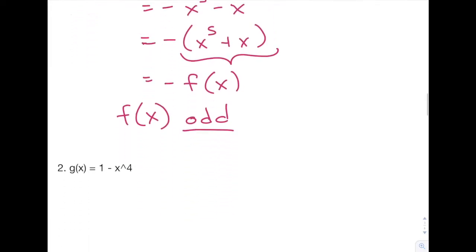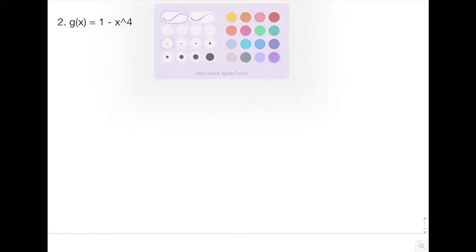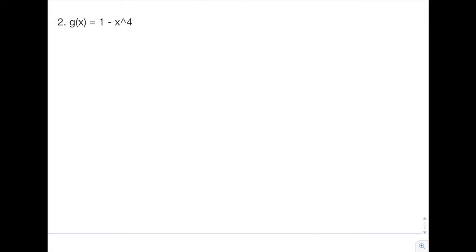Let's do another one. Suppose we have g of x equals 1 minus x to the fourth. So we'll follow the same procedure. We'll plug in a negative x. So we'll have 1 minus negative x to the fourth, and negative x to the fourth is just x to the fourth, right?